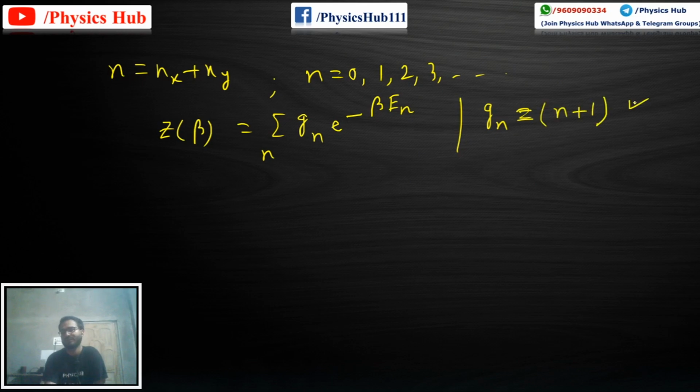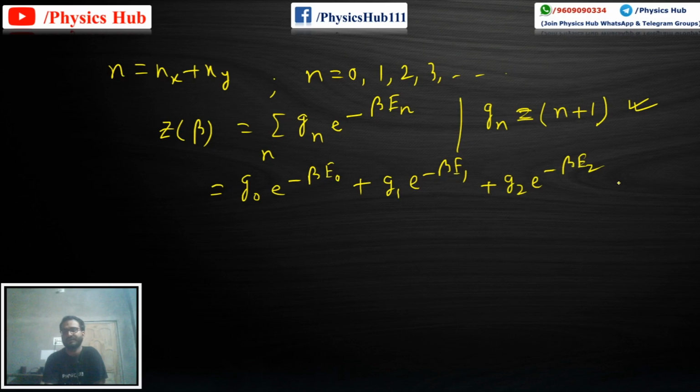This is a well known formula. So n will start from 0, and it becomes g0 e to the power minus beta e0 plus g1 e to the power minus beta e1 plus g2 e to the power minus beta e2, and it will continue like this.